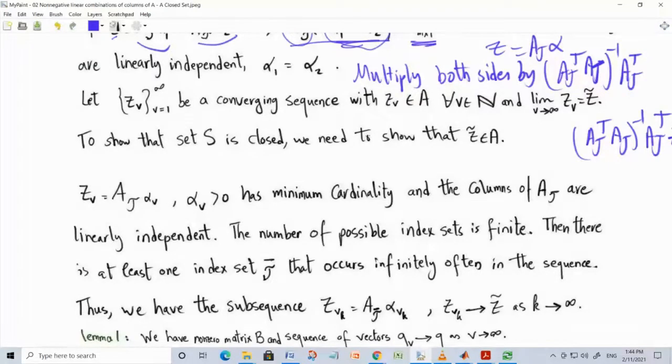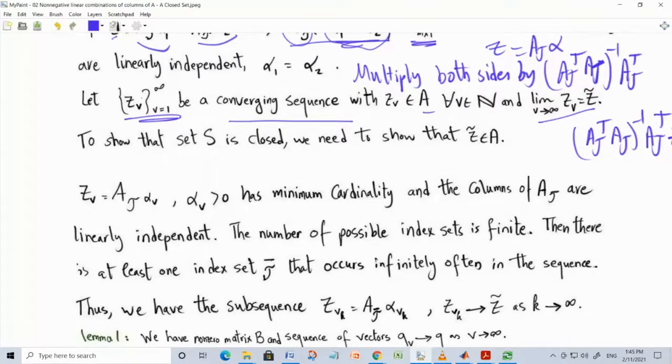As I said, one way of showing that the set is closed is to take an arbitrary sequence in this set that converges. So I will take Z1, Z2, Z3, and so on. That's a converging sequence in S. Converging means that it goes to some limit. If we can show that this limit is in the set S itself, we are done.